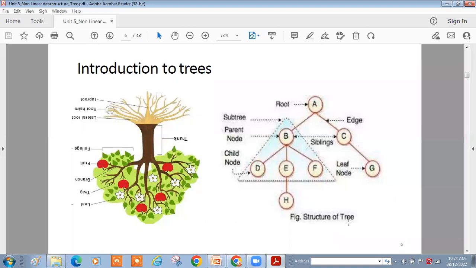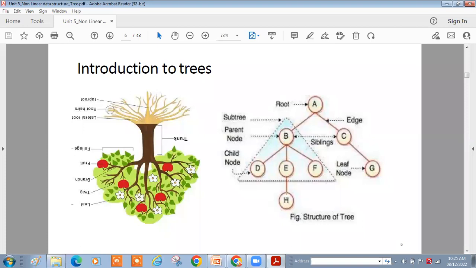So from this diagram, I think it is clear to you all what a tree is. It is not a big task to understand the tree, because whatever tree you are observing, in a similar manner the tree is represented in data structure. So for this tree, here is the root. The root is connected with the next nodes using a branch called an edge. As this node is directly connected to the root, I can call it a parent node, and this parent node has some child nodes.